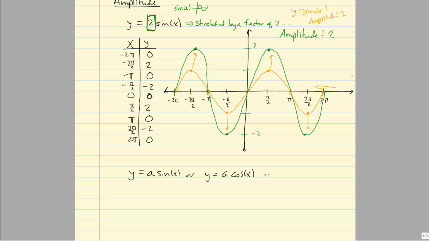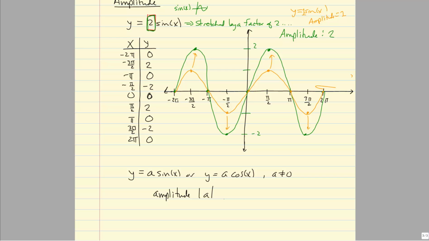Again, a cannot be equal to 0 here, because if a was 0 I wouldn't have any graph at all. So the amplitude is this value of a out front, and actually it's the absolute value of the a out front. The reason it's an absolute value is that if it was a negative 2, let's say, it ends up having another effect of flipping the graph, but the amplitude doesn't change.